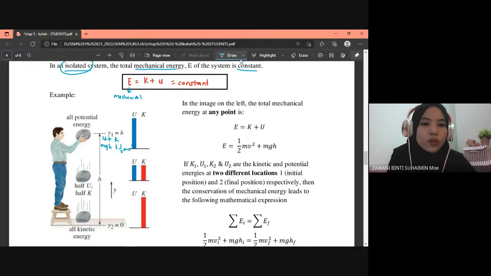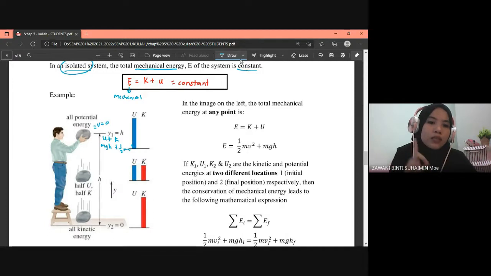Okay, so contoh kat sini, initially memang energy yang ada pada batu ni adalah dua jenis energy iaitu mechanical energy tadi, iaitu kinetic dan juga potential energy. Tapi oleh kerana initially this guy hold the rock, maksudnya stone tu tak ada motion, di dalam genggaman lelaki tersebut. So meaning that there is no velocity in here.